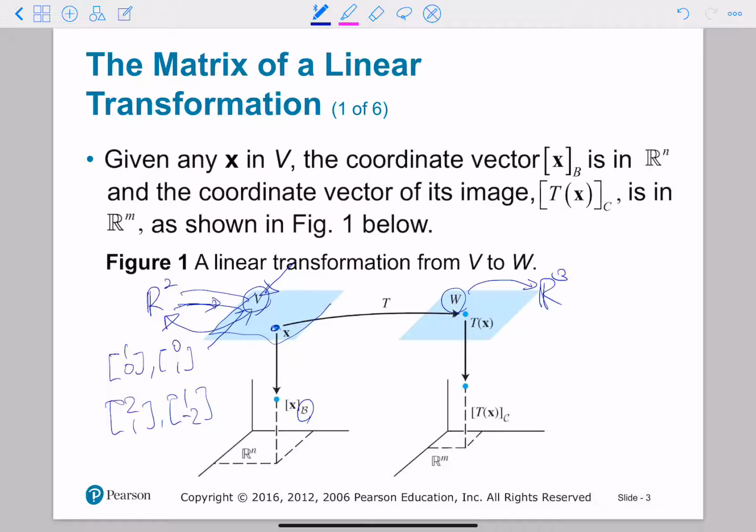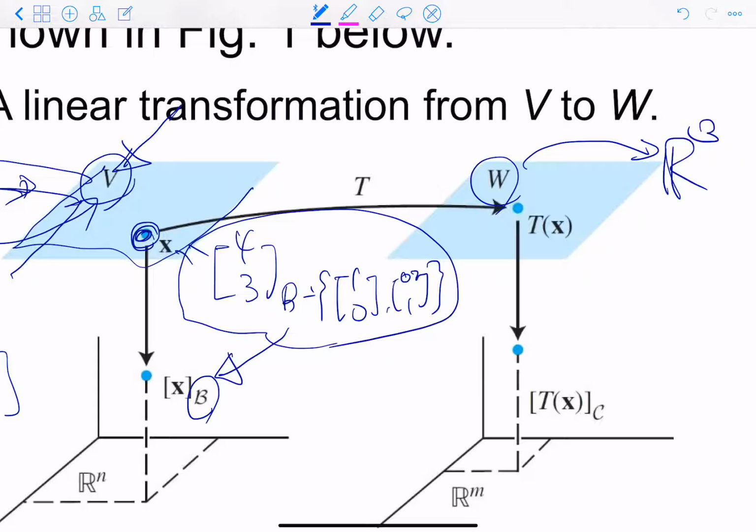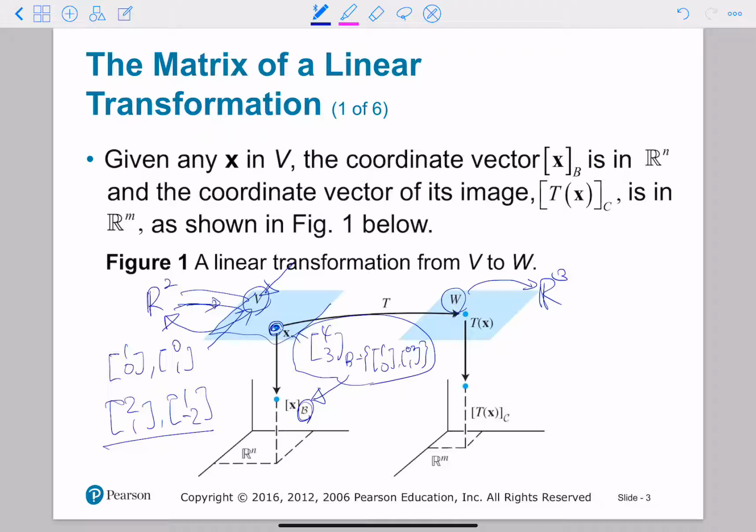And now let's think of this X, which is originally represented with respect to the standard basis, okay? And then we can consider this as the new coordinate with respect to a new basis. For example, like this and so on, okay? So we have this new coordinate with respect to the new basis B. And then we can also think of another basis to form our range.